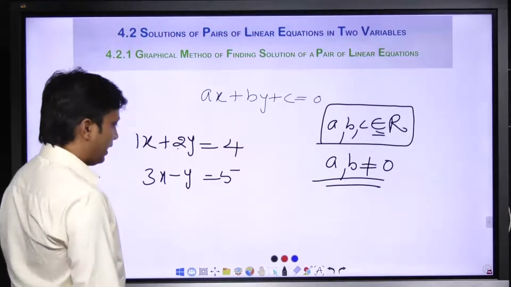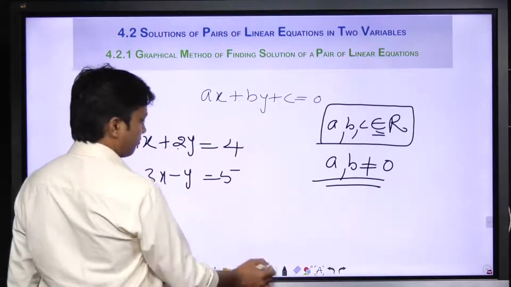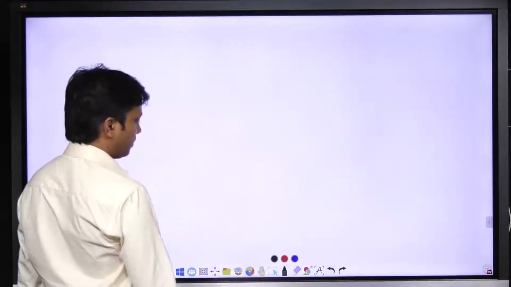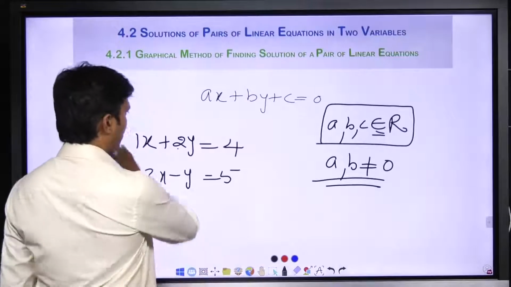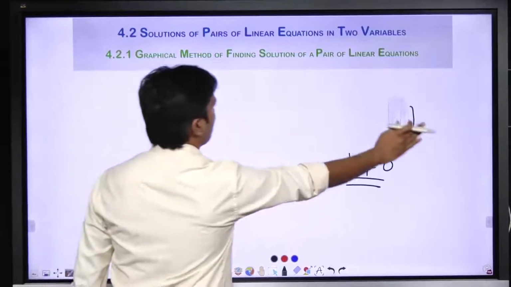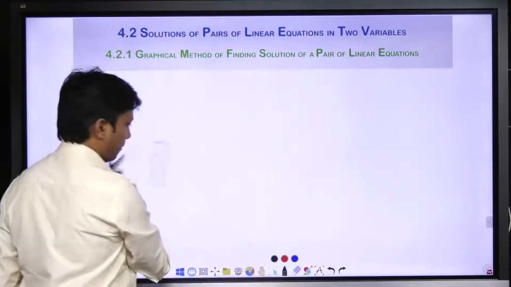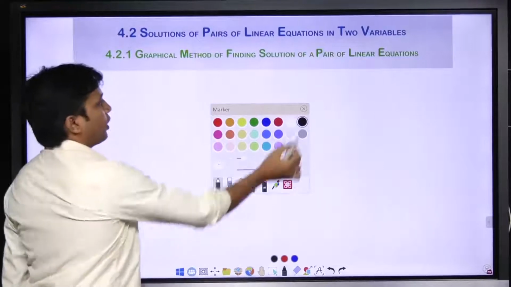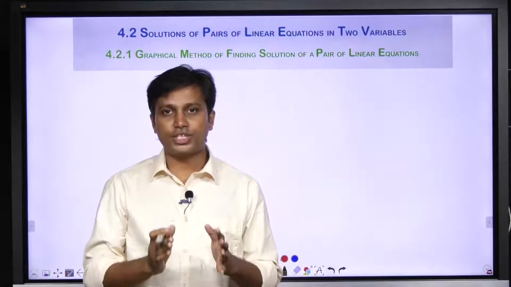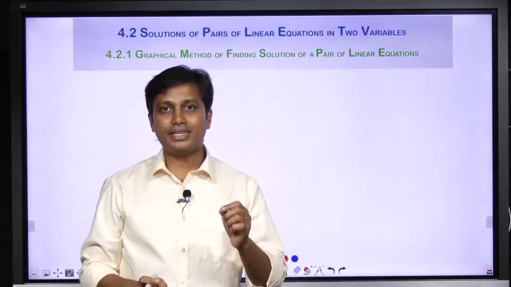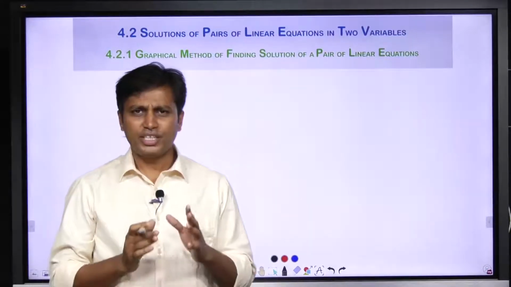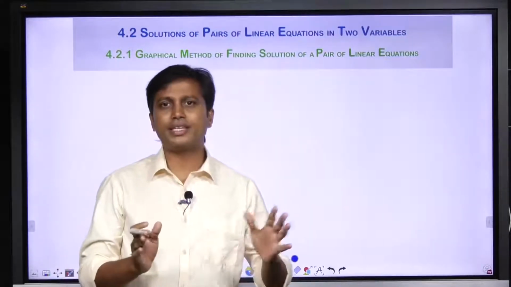Now our discussion is how many solutions will there be for a single linear equation in two variables. And what is actually meant by the solution of a linear equation?